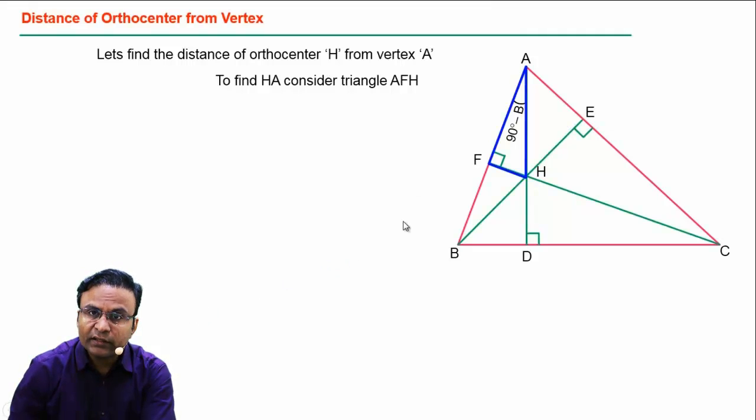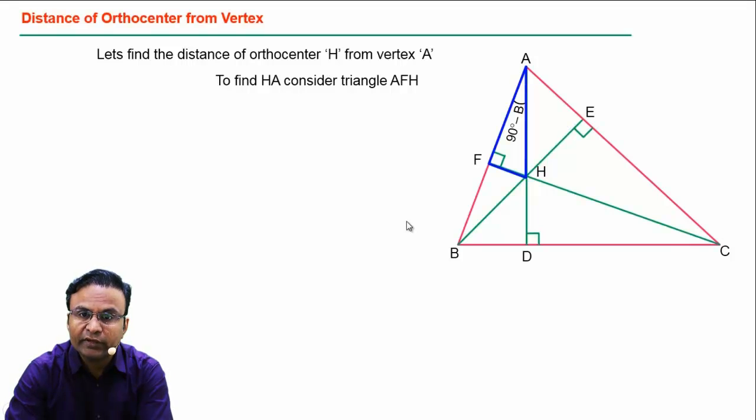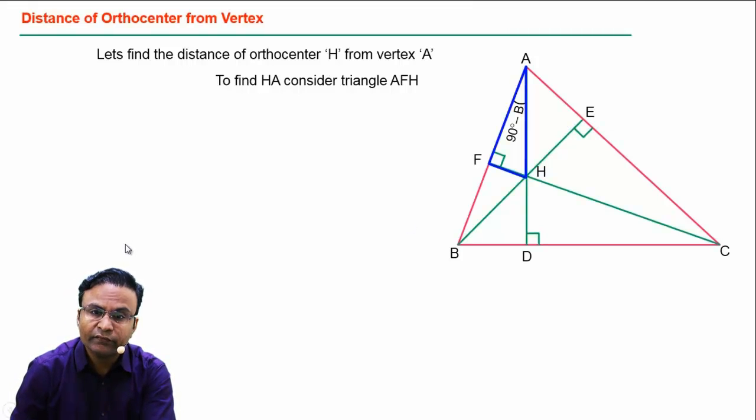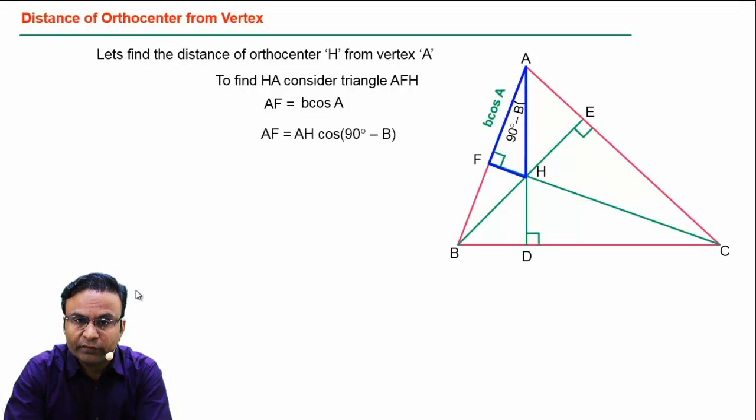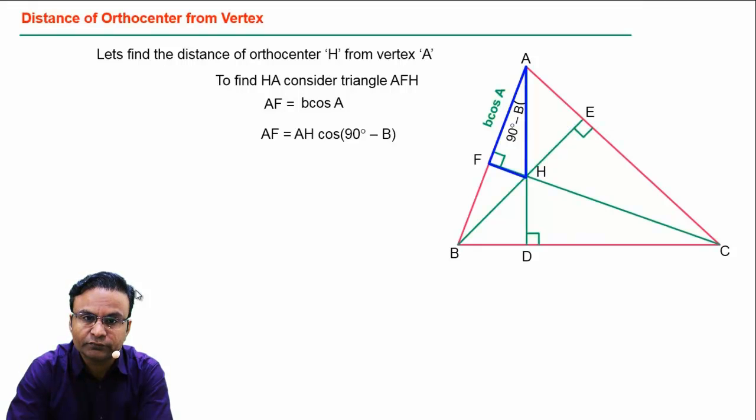Now any other length in this triangle you can find, which we have already found. We have found length AF. What is length AF? AF is the projection of AC on AB. So AF length is equal to b cos A. Okay, we have AF is equal to AH cos(90 minus B).